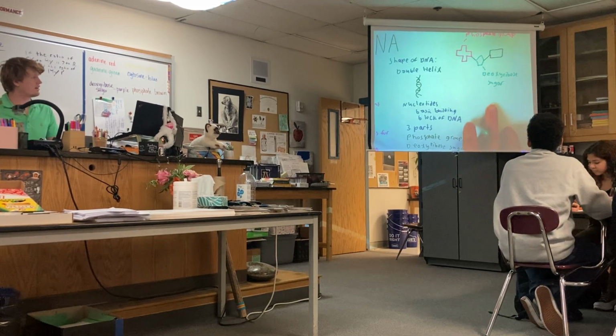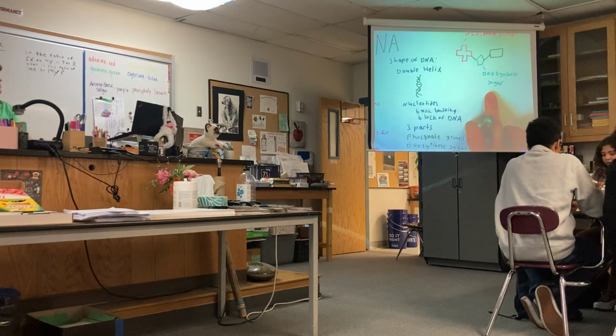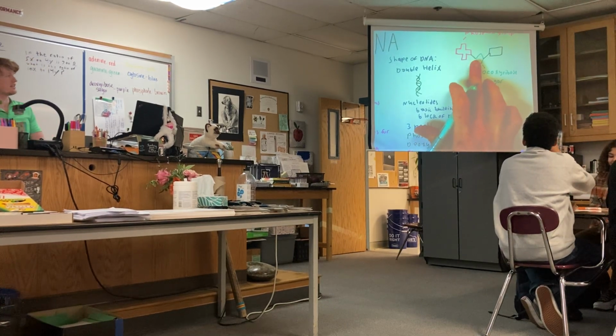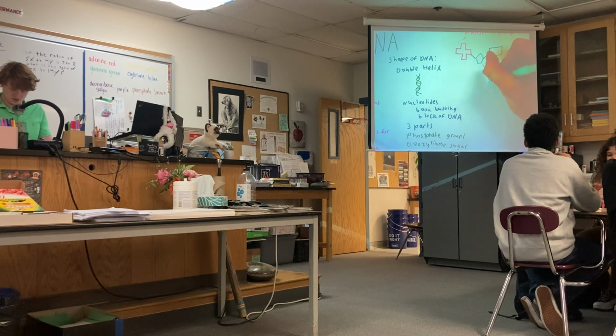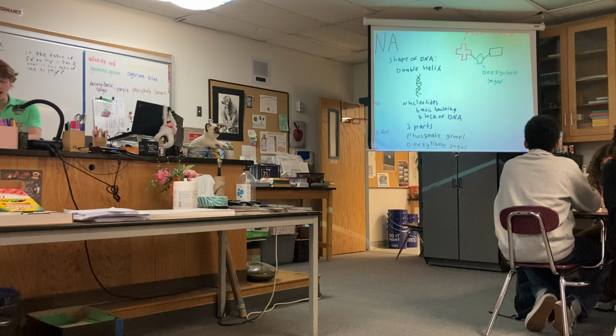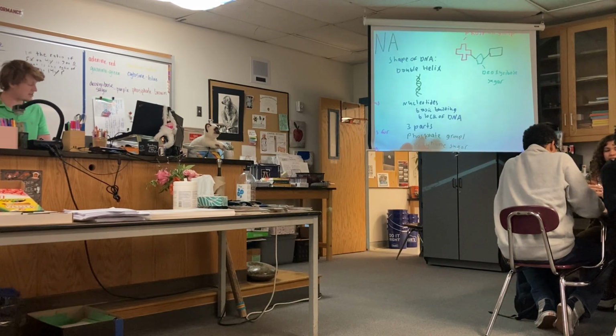You can abbreviate it, it's your notes, but make sure whatever you write down, you know that this is the sugar. And this rectangle out here is our nitrogen base.